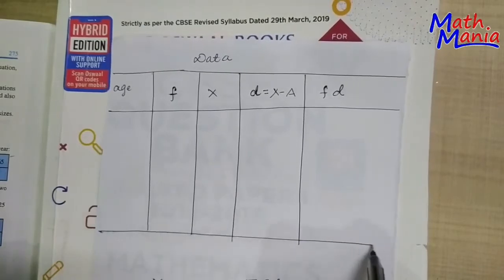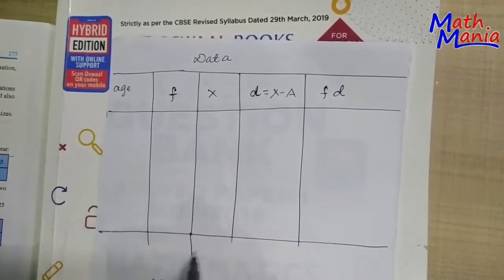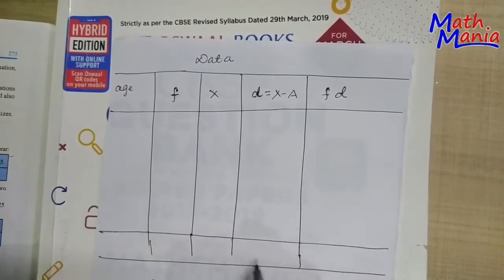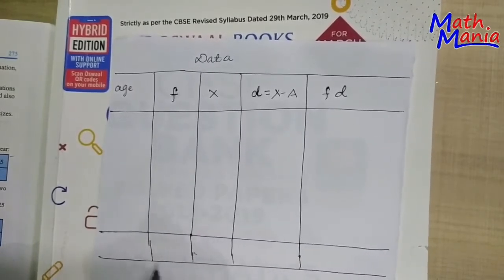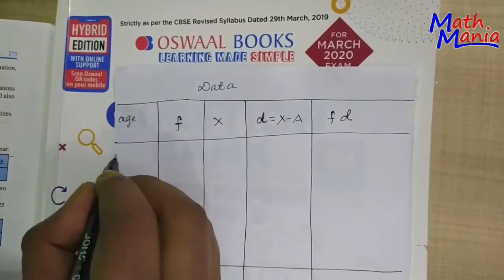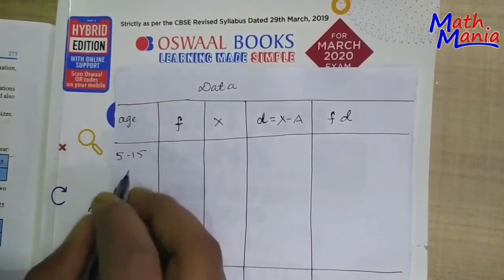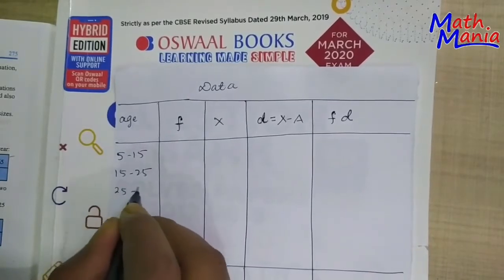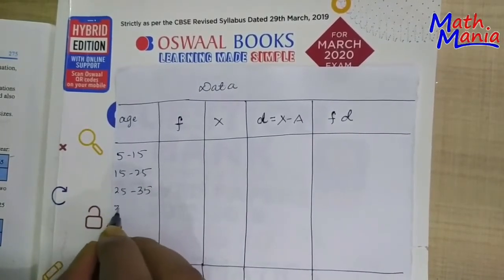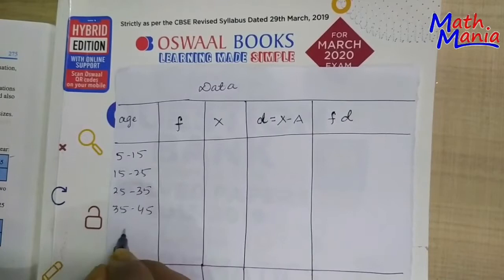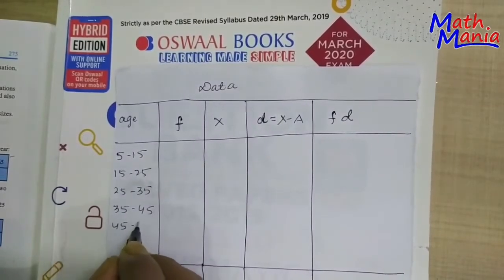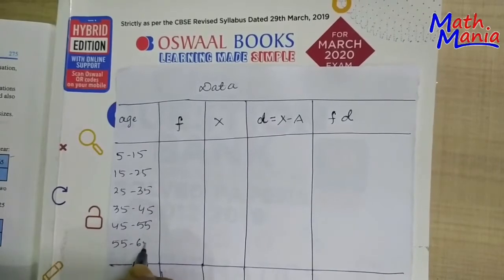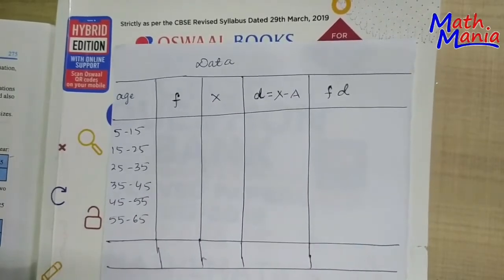So let us write the data which is given in the question. Ages we need to write, which are given in your table: 5 to 15 years, 15 to 25 years, 25 to 35 years, 35 to 45 years, 45 to 55 years, 55 to 65 years.